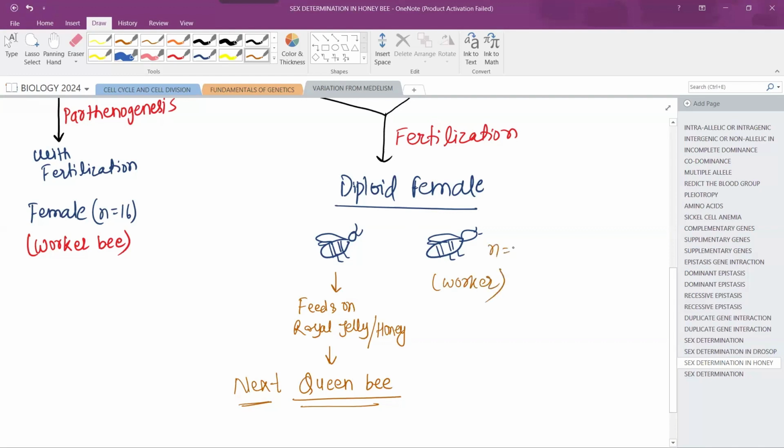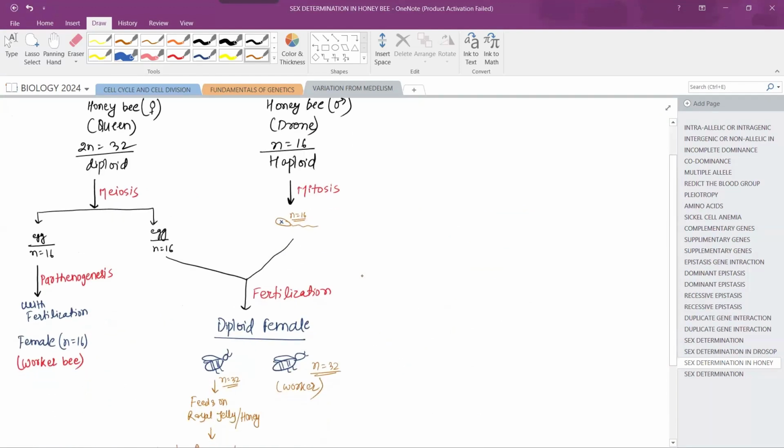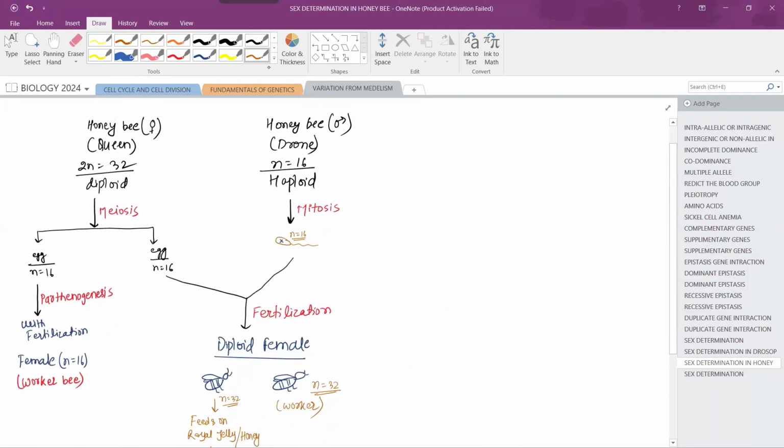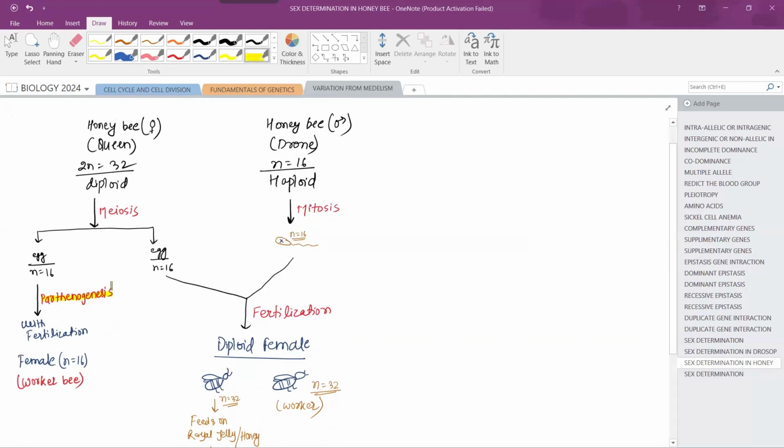N is equal to 32. This is also n is equal to 32. So this is a good example of parthenogenesis: the production of progeny without fertilization of gametes.